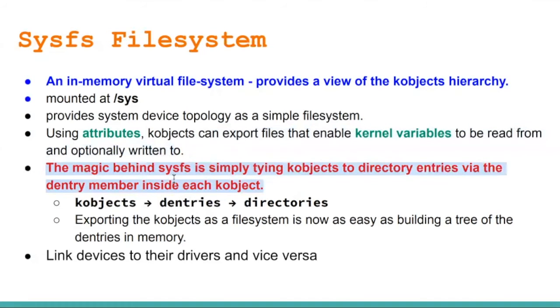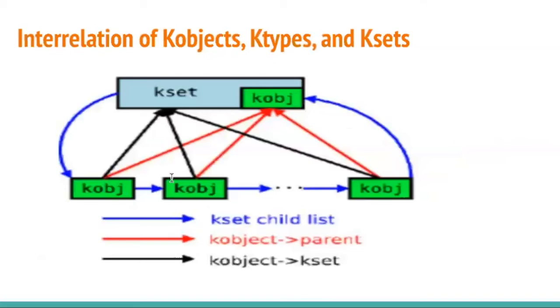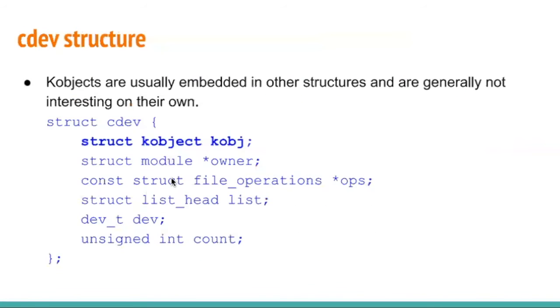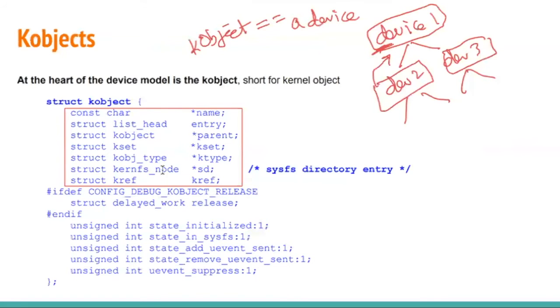If you go back and revisit the kobject structure, we have this node, kernfs_node. This is the directory entry that tells where this device will show in the sysfs, and the directory entry is related to a file. In that way we can represent this as a virtual file system.